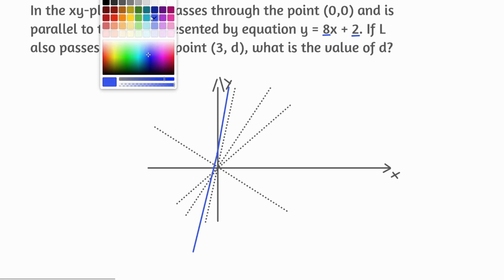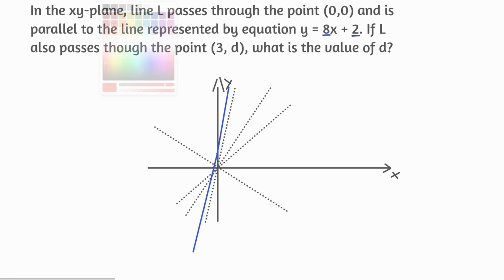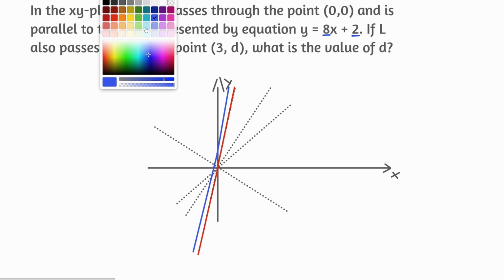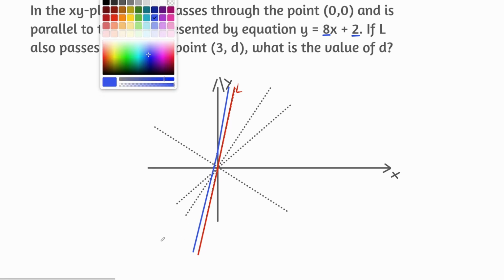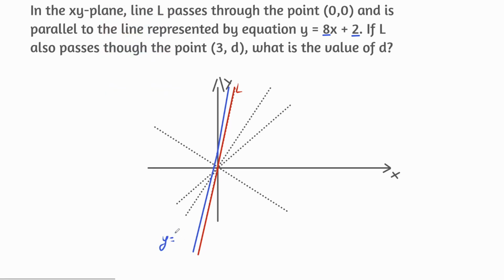So our L line is parallel to this line and passes through the origin, so it should go something like that. This is our L line, and the blue one is y = 8x + 2.